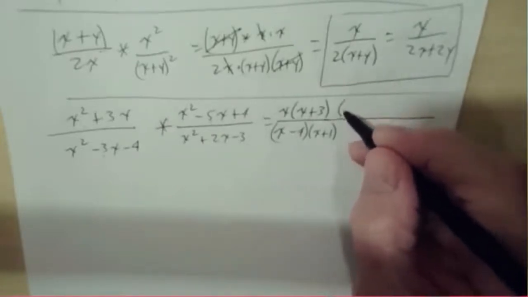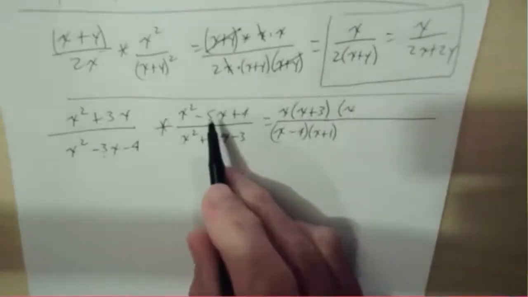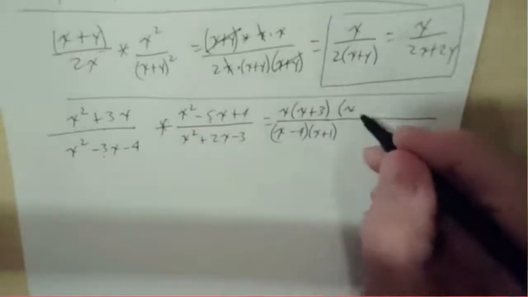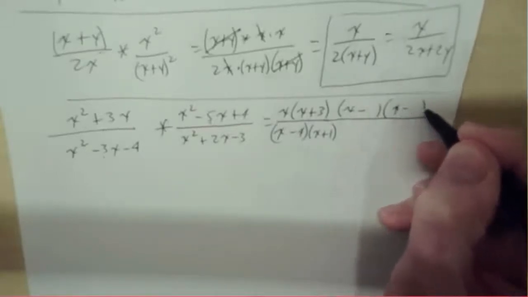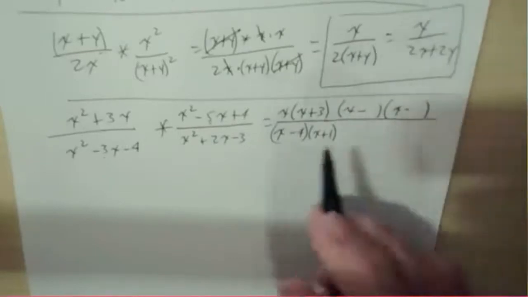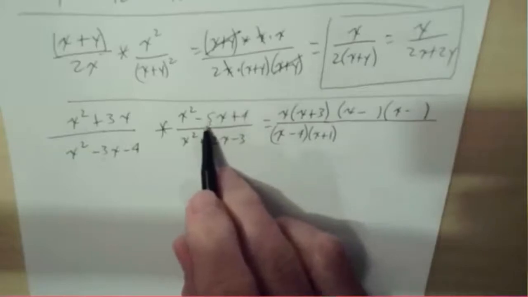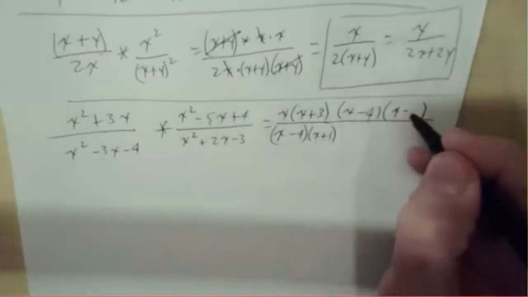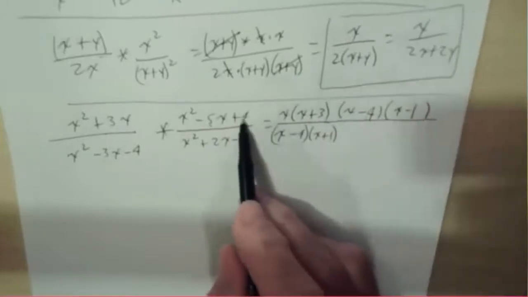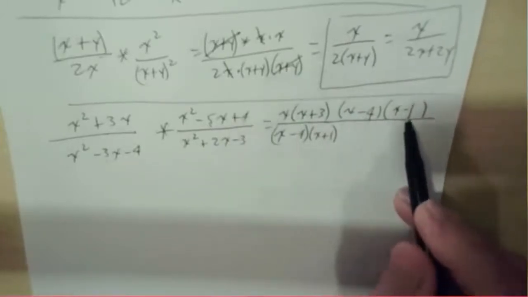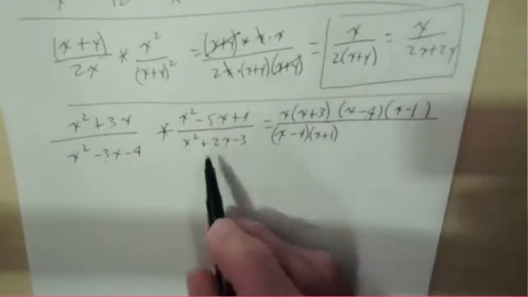So when we factor this, remember, the linear term's negative and the constant's positive, so we're going to have x minus something and x minus something. What are the factors of 4 that add up to negative 5? It's going to be negative 4 and negative 1. Negative 4 times negative 1 is positive 4. Negative 4 plus negative 1 is negative 5. So we're right. Now we factor this one.